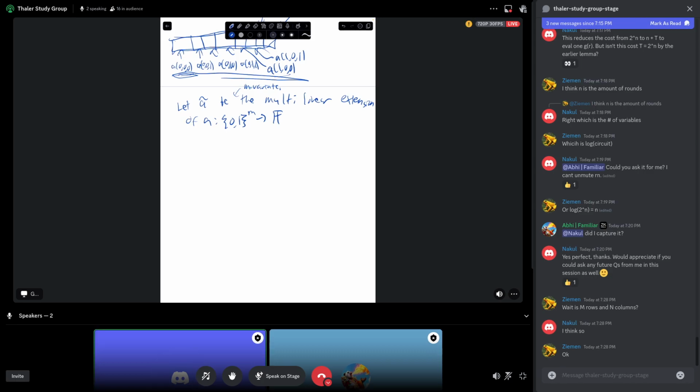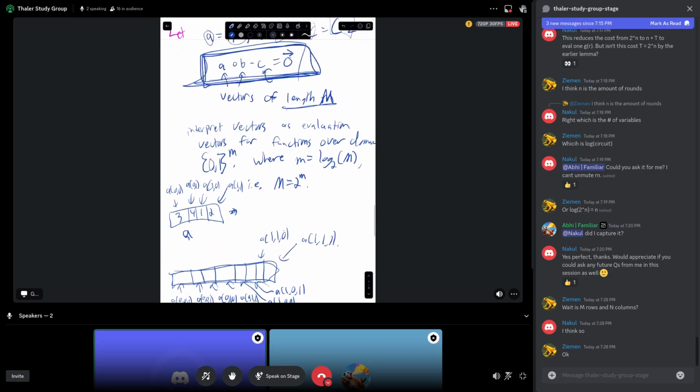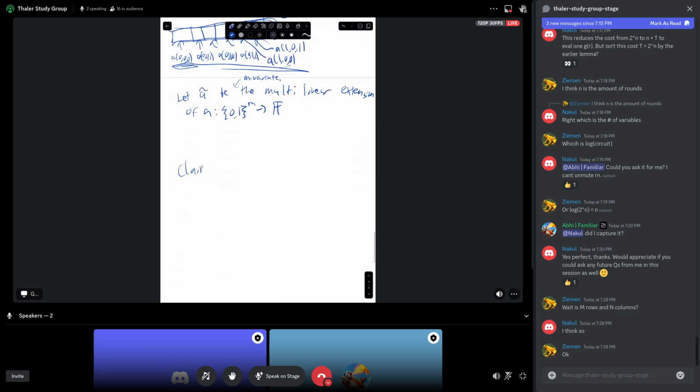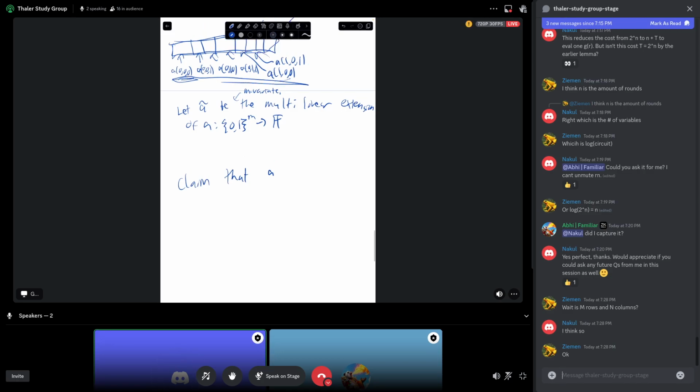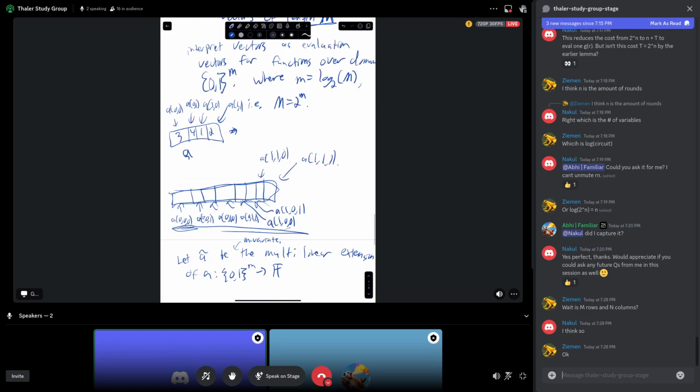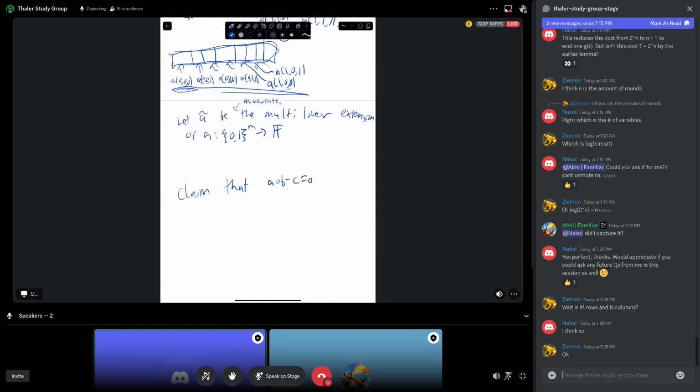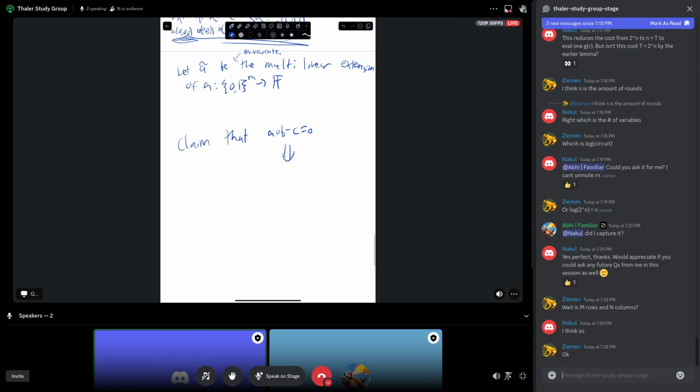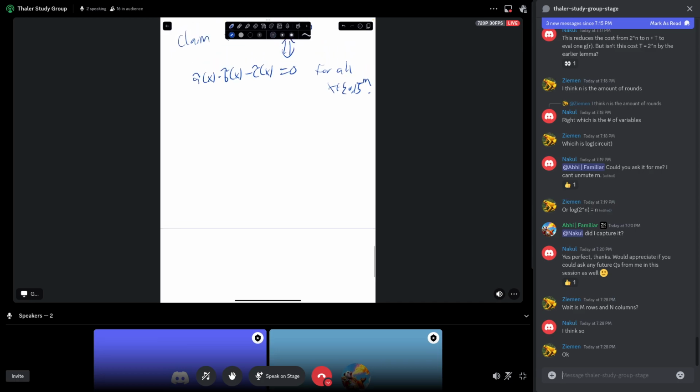And so now, the prover's claim here, that a entry-wise times (b minus c) equals 0, is equivalent to the claim that a-twiddle of x times (b-twiddle of x minus c-twiddle of x) equals 0 for all x in {0,1}^m.